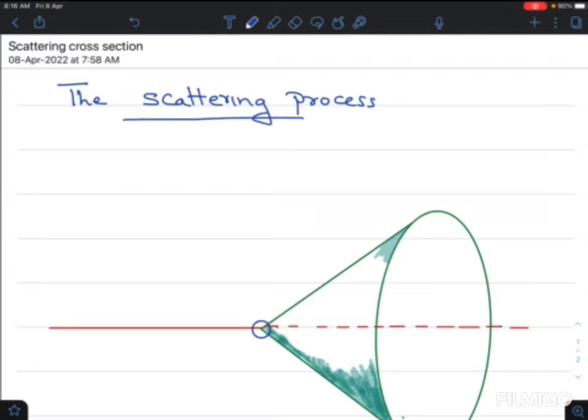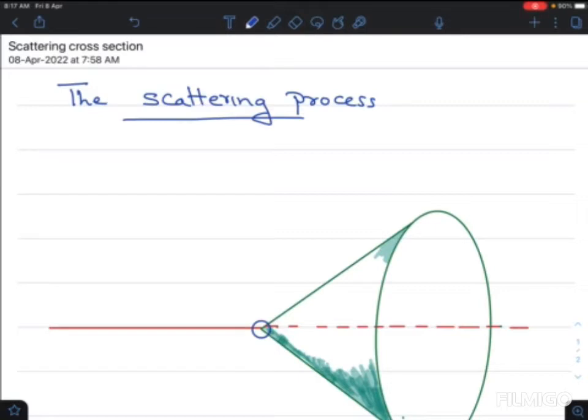So similarly here also, we consider a parallel beam of particles which hit the target and get scattered in various directions. Or we can say that the scattered particles diverge. So at large distances from the target, their motion is directed radially outwards. Okay.